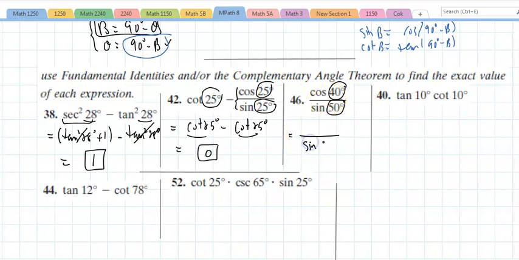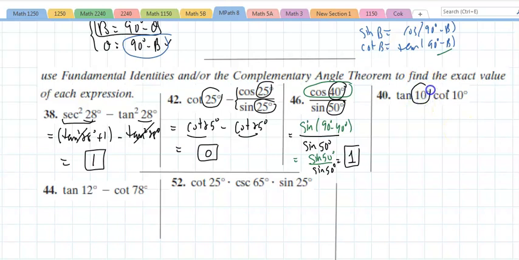It doesn't matter which one. Let's say this one. I could say cosine of 40 degrees is the sine of 90 minus 40 degrees from the complementary, always the case. And that's the sine of 50 over the sine of 50 degrees, and any quantity over itself is a 1.